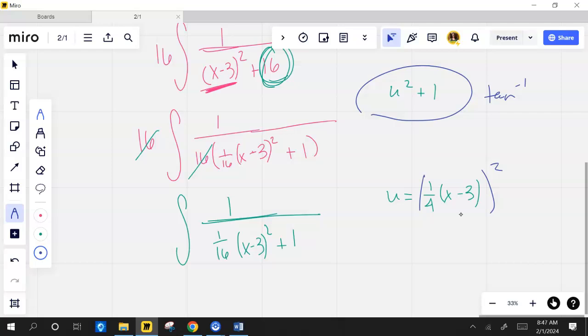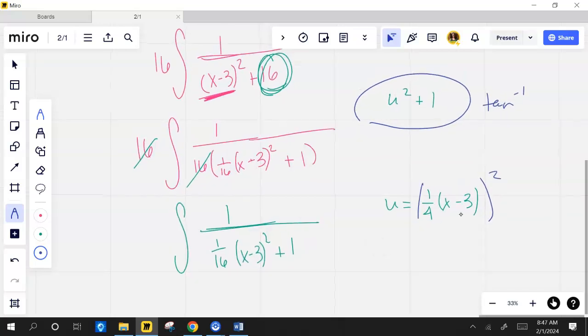I don't always see it either. These are hard. In the very beginning, I saw that once I completed the square, anytime you complete the square, you're looking at one of those inverse trig functions. And I said, can I make it be u squared plus 1? Is there some way I can do that?